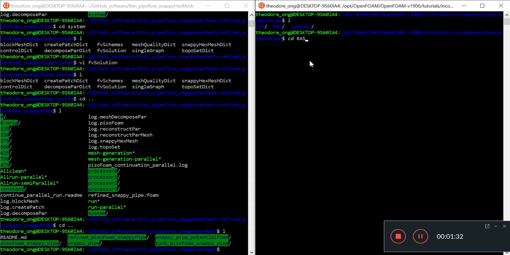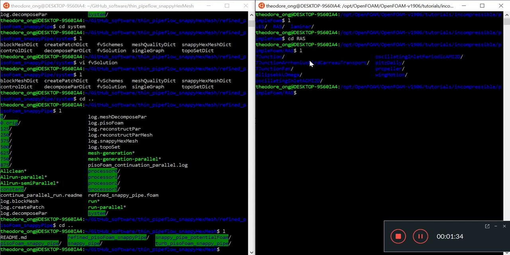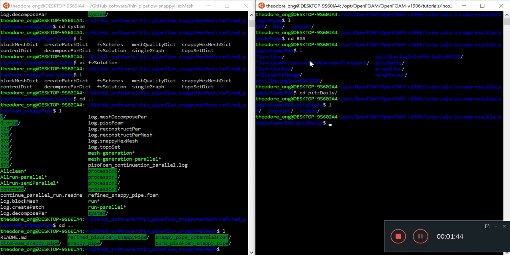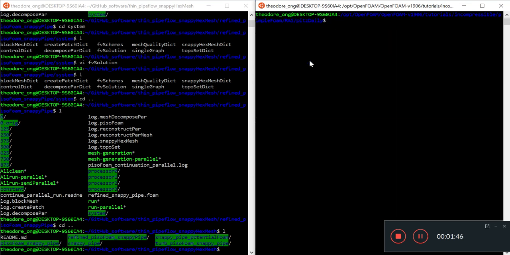We usually like to go to RAS because that's the most basic turbulence model. And for basic pimpleFoam, we can go into pitzDaily. It's a very common case. It's very well studied.